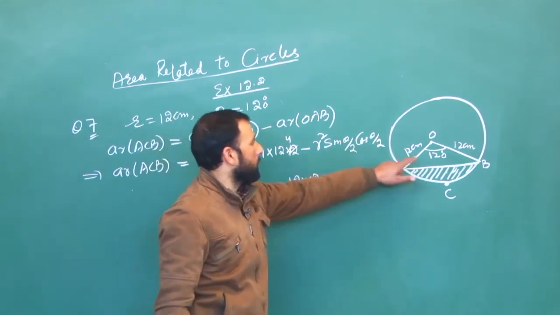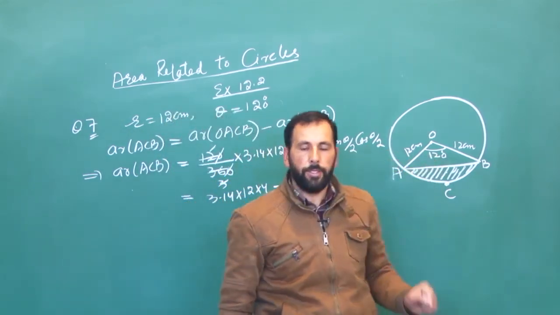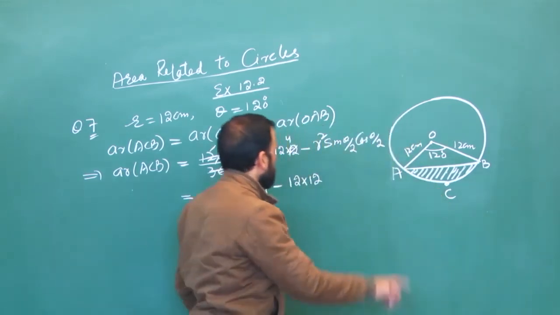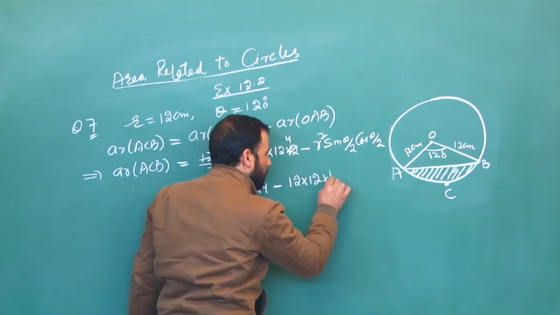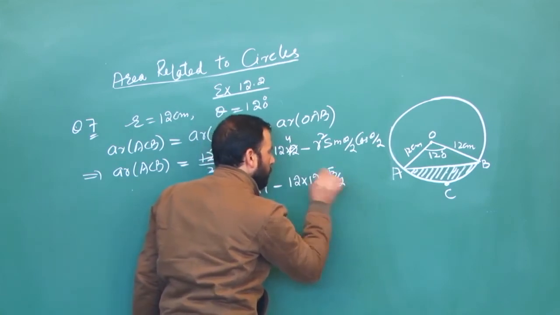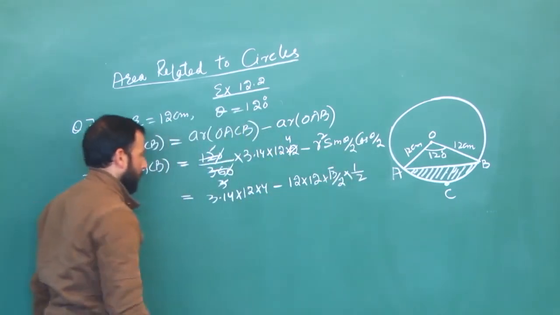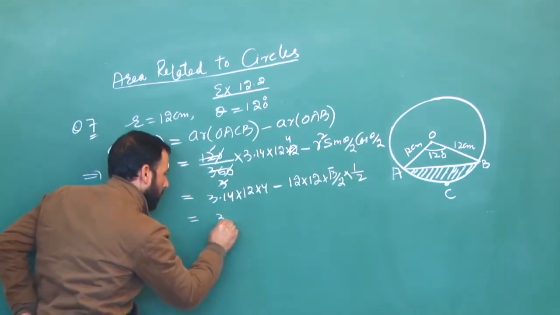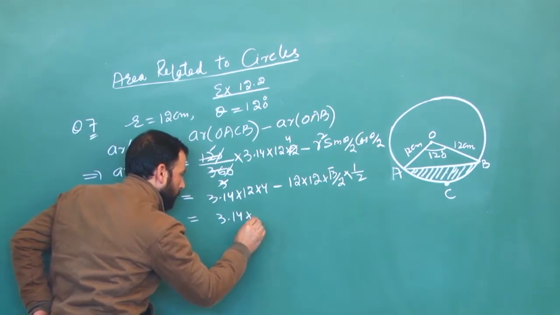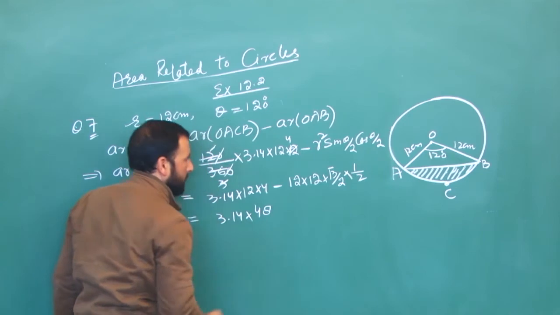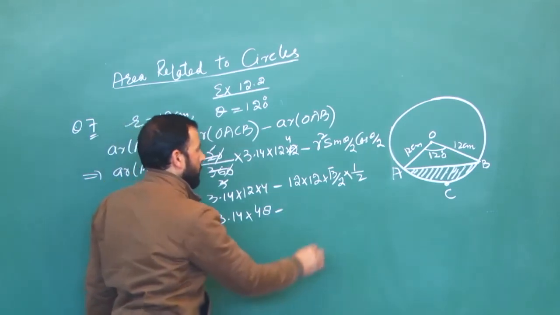The value of theta is 120, theta by 2 means 120 divided by 2, which equals 60. So sine 60 is square root of 3 by 2 into cos 60 is 1 upon 2. Here it is 3.14 into 12 into 4 is 48, minus 144.